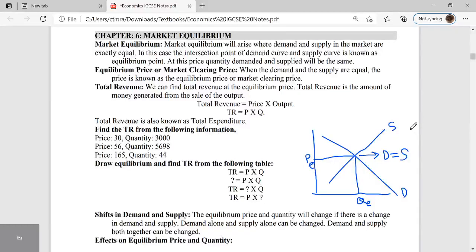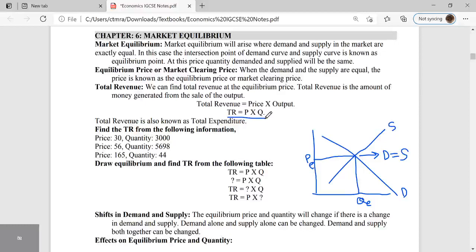And if you want to calculate the total revenue, we have a simple formula. Total revenue is equal to price multiplied by quantity. For any seller, supplier, or producer, you can easily calculate their total revenue by multiplying their price with the quantity.